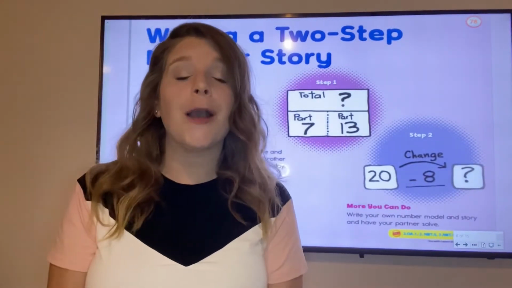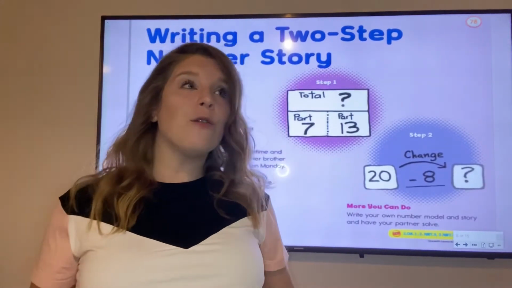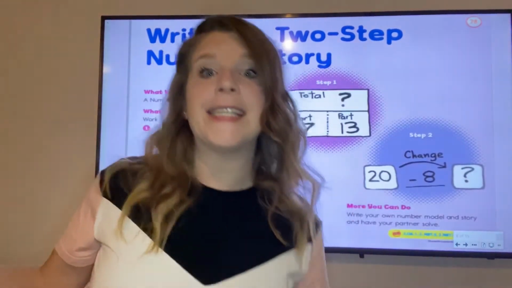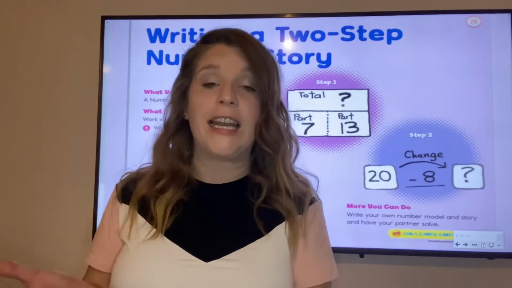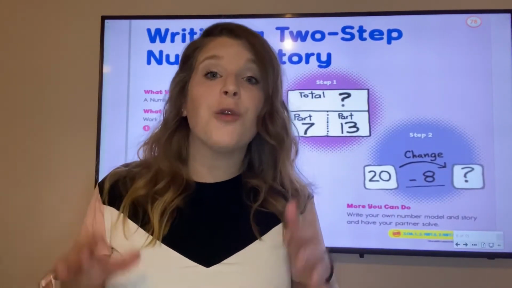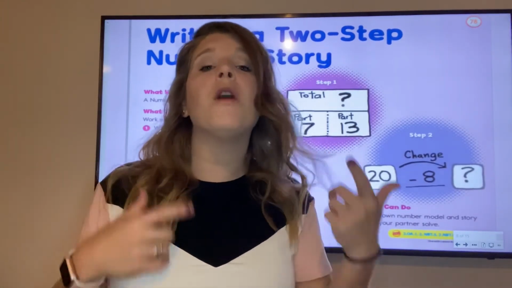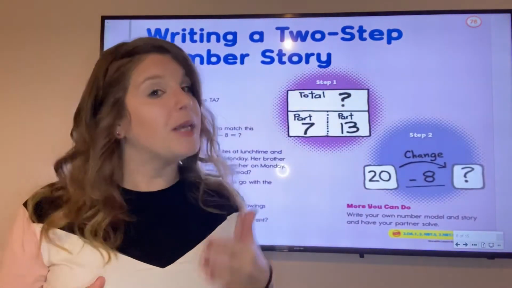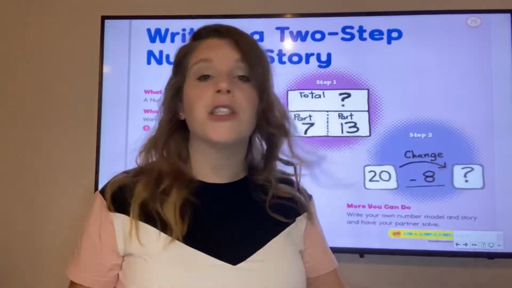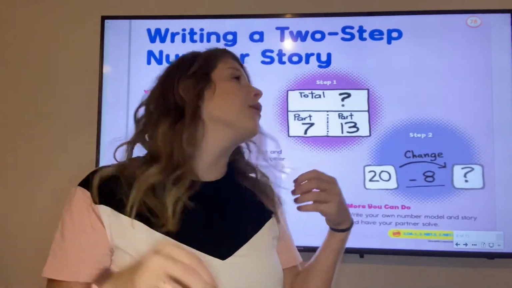You might want to talk about Pokemon, or you might want to talk about corn mazes or LOLs or whatever you are interested in, okay? So you can pick your topic and choose your unit, and then you want to create a story about it, okay? It doesn't have to be a change, compare, parts, and total. It can be whatever you want, whatever makes sense to you.